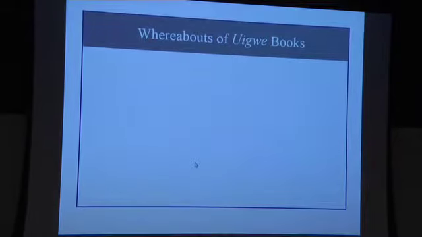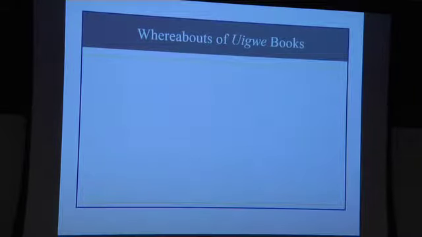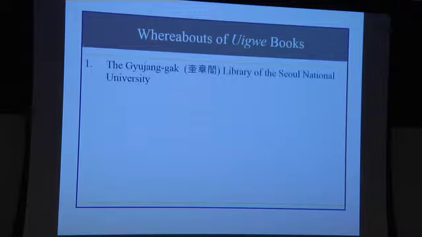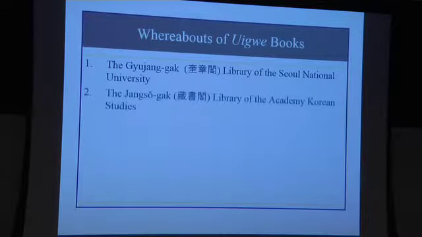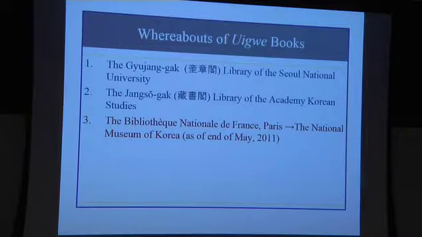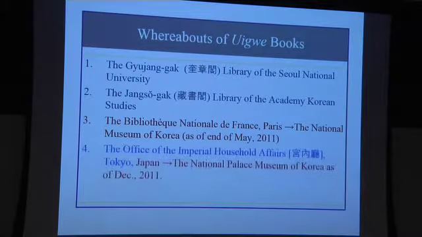Now, all the Uige documents produced before the Japanese invasion of Korea at the end of the 16th century were all but destroyed. But we still have so many left. These are the places where they are kept.